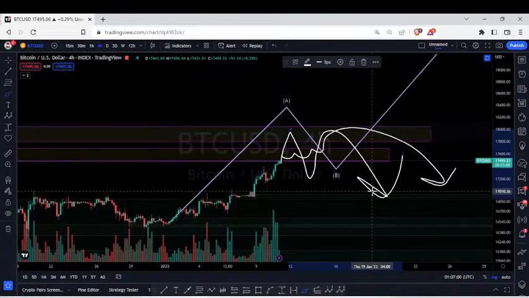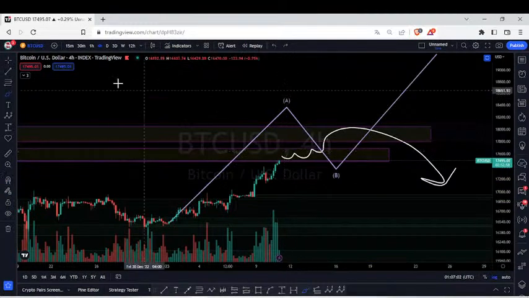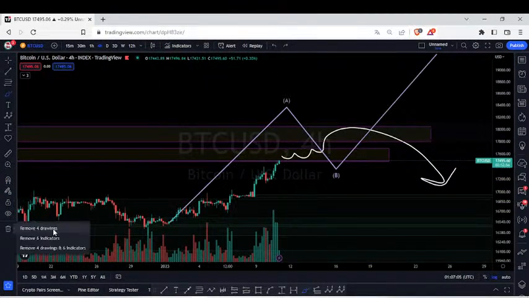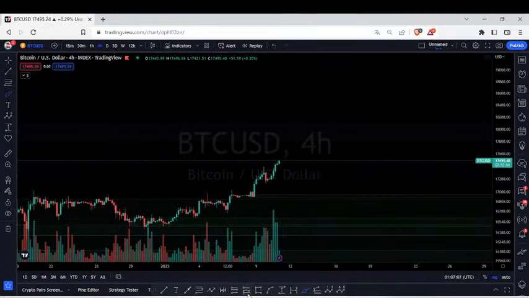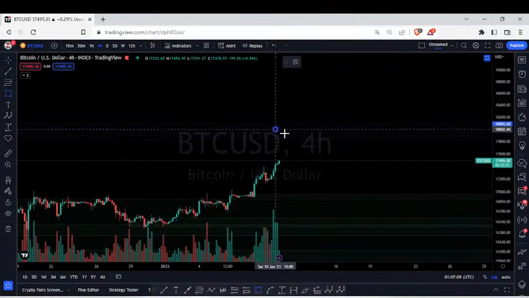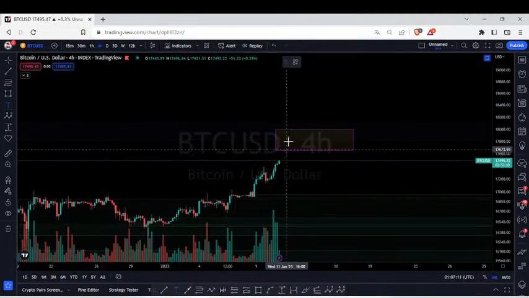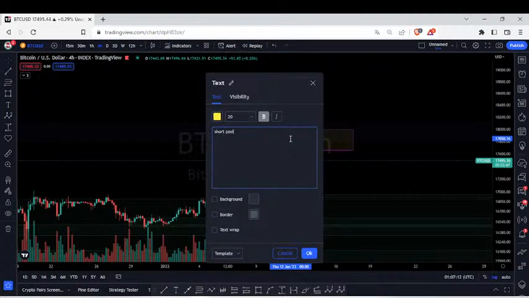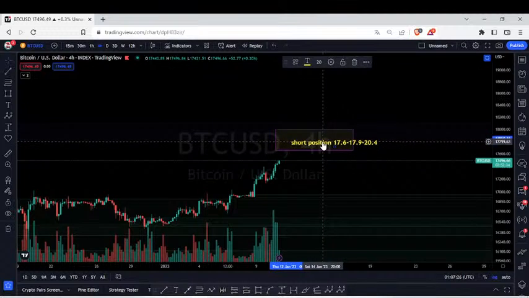Okay, so if I were to look for shorts, actually let's write it down. Build a short position. 17.6 to 17.9 and 18.4, just in case.